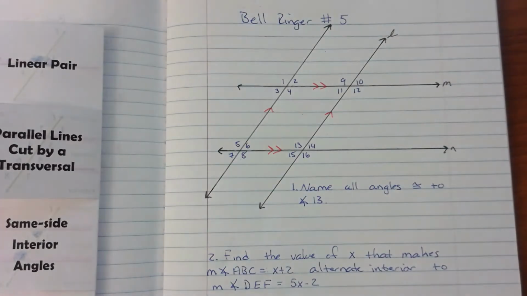What did you say? 6? We already said 16. What did you say? 10? So, what are you saying? 13 and 10? Okay, so how are 13 and 10 related?